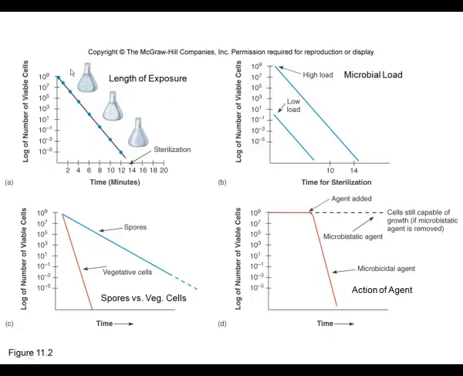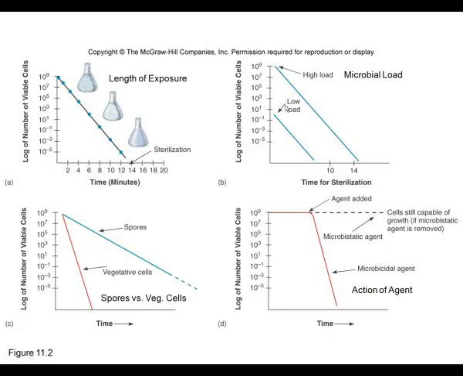The first one is the length of exposure. If I have bacteria exposed to a particular chemical for a certain period of time, the longer it's exposed, theoretically, I should be able to reach 0. If I have an endospore forming organism, however, I'm always going to have the potential for sporulation and growth.